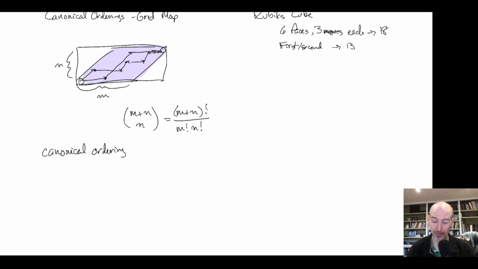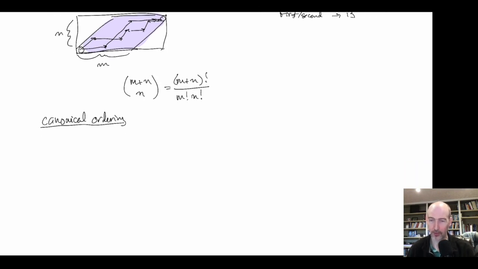But if I think about a space like this and ask what of all those paths, how could I order them, or how could I say I prefer one path over the other? So canonical ordering is a way of saying I have a preference of which path I like. We can think about enumerating all paths, and then I'm going to tell you one of those is the canonical path.